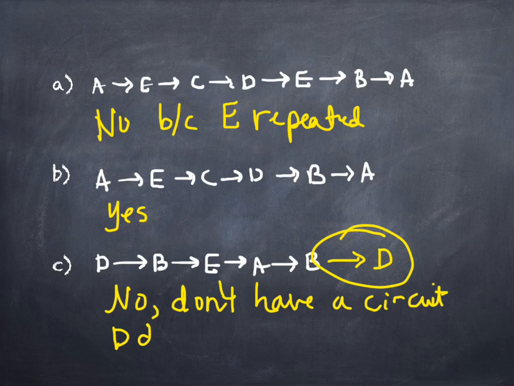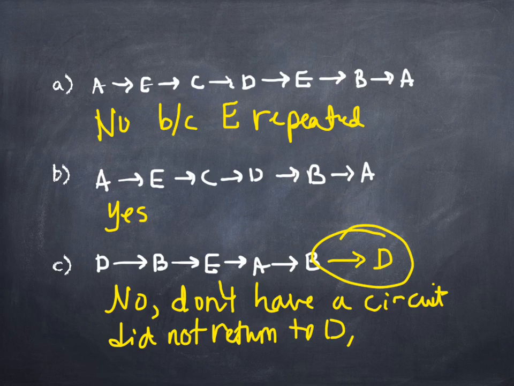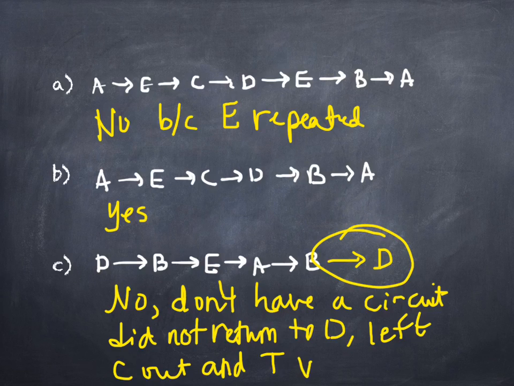D, let's say, did not return to D. I left C out completely. And I visited, okay, I can't get the line underneath there because my screen doesn't show it.